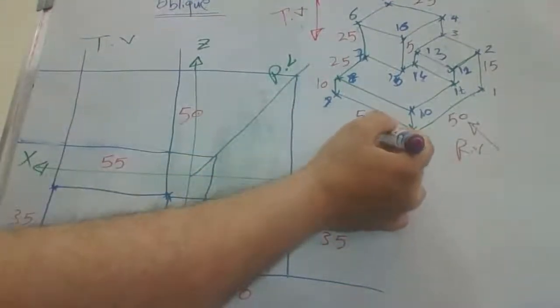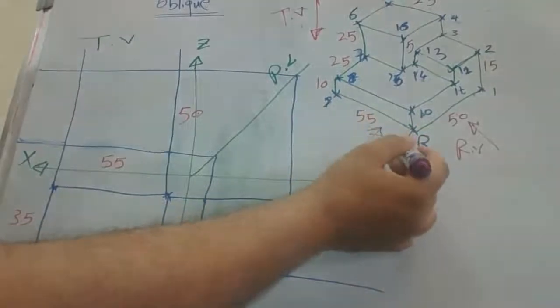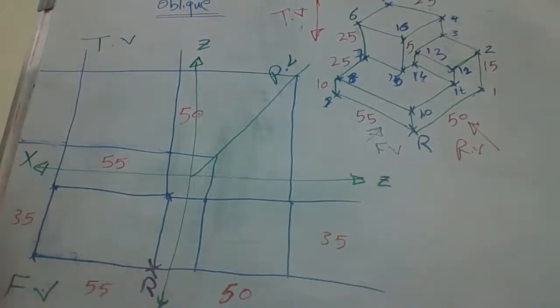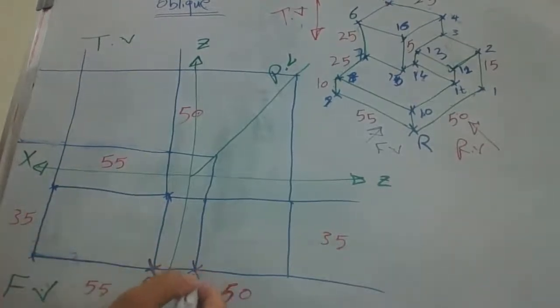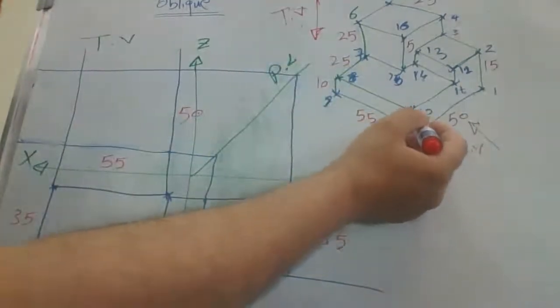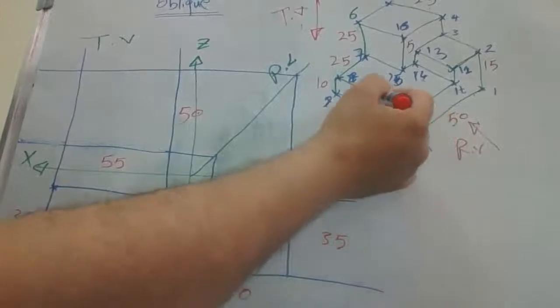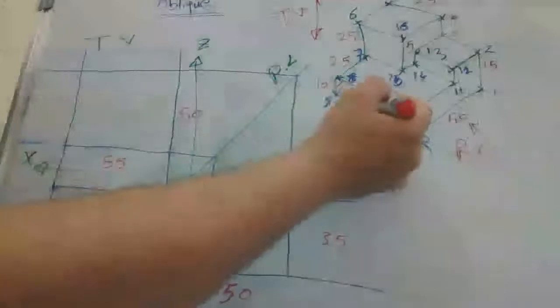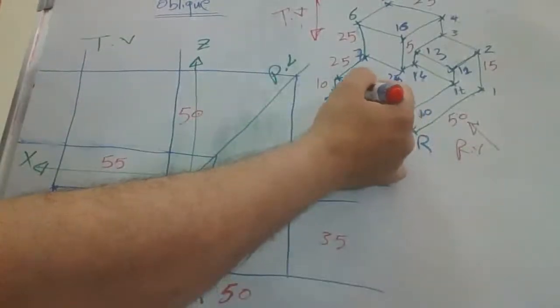This is the front view. Here, always we set R, and here is R. This is the shared point or the reference point between front view and the right side view. Now, if we see here in front view, we can see R, 10, 8, 9. Just to recognize that shape, I will make a shadow here.